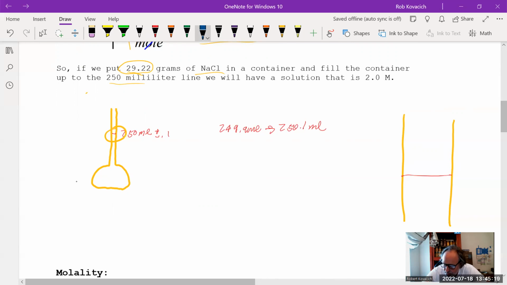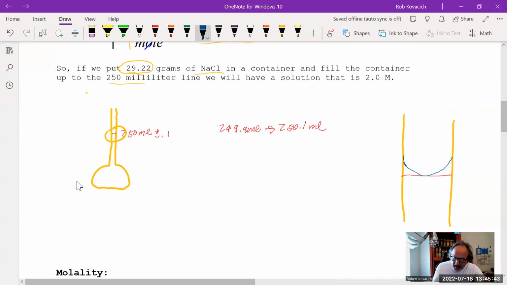Because of that, it causes something called the meniscus. This is gauged so that the bottom of the meniscus, this curvature part, lines up right at that line. So this would be how you would measure using a volumetric flask, or anything for that matter, graduated cylinder. It's just super accurate with the volumetric flask.